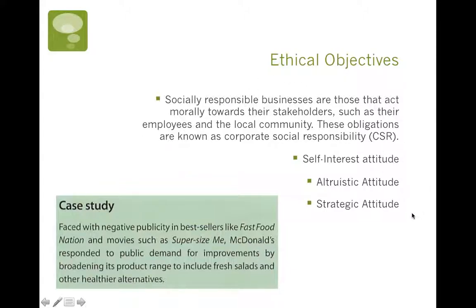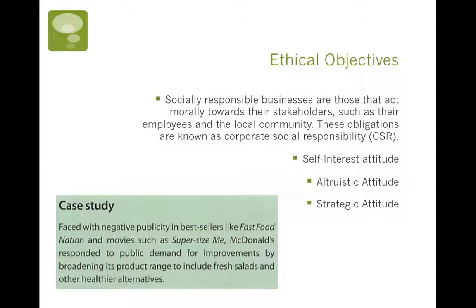There are 3 types of viewpoint towards ethical objectives. There are businesses that take the self-interest attitude, there are businesses that take the altruistic attitude, and there are businesses that take the strategic attitude. Businesses that are self-interested outline from the beginning that it's not their job to solve society's problems.